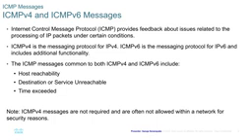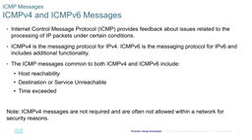ICMP version 4 is the messaging protocol for IPv4, while ICMP version 6 is the messaging protocol for IPv6 and includes additional functionality. The ICMP messages common to both ICMP version 4 and ICMP version 6 include host reachability, destination or service reachability, and time exceeded.